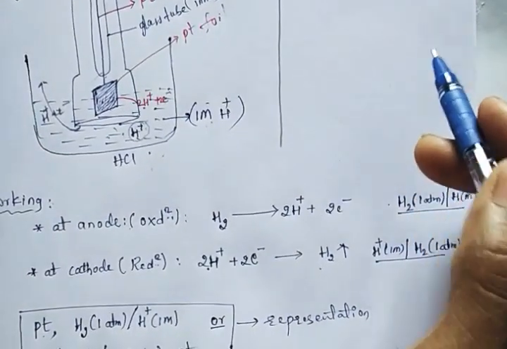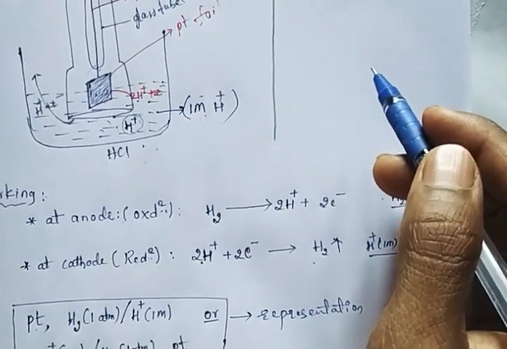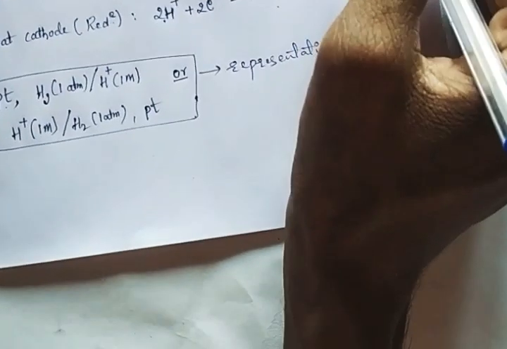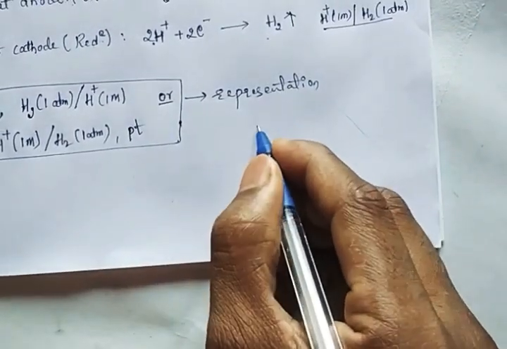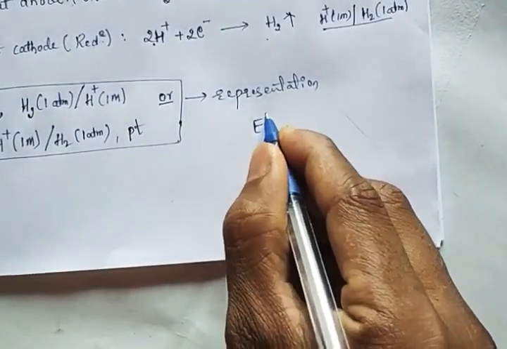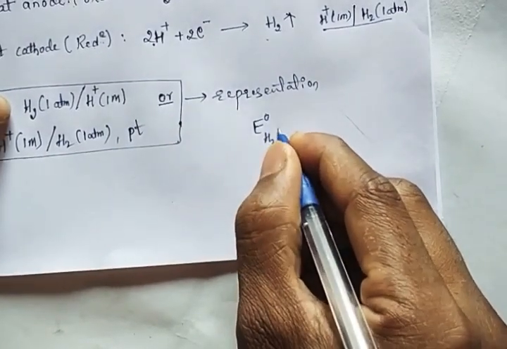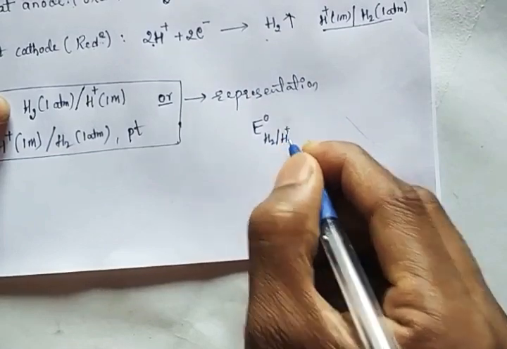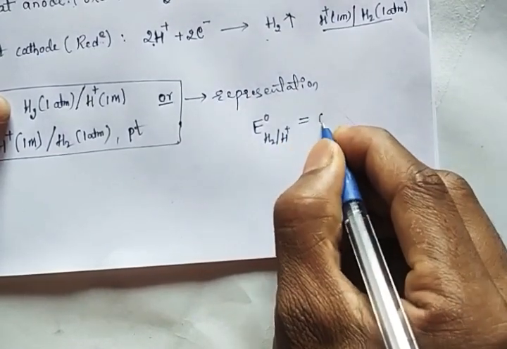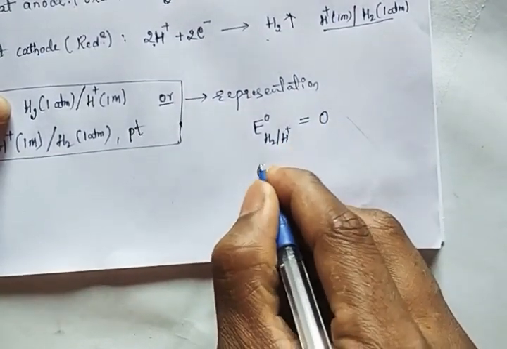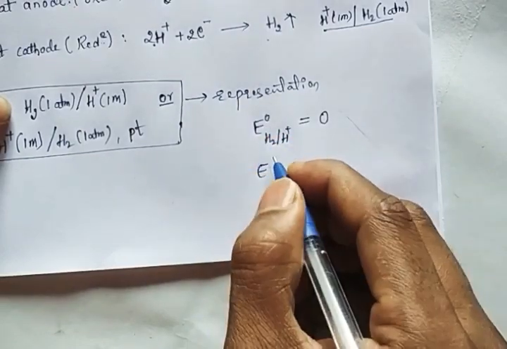Its electrode potential value is taken as 0. Arbitrarily, the oxidation potential value is 0 when it is connected at the left side.